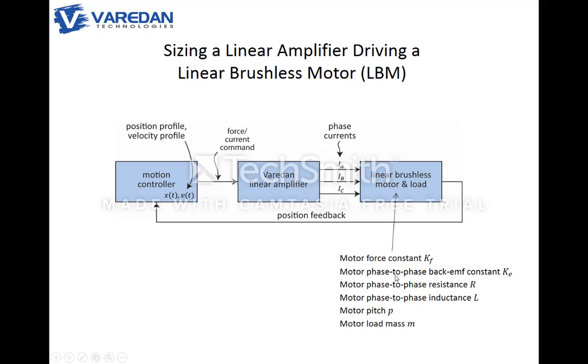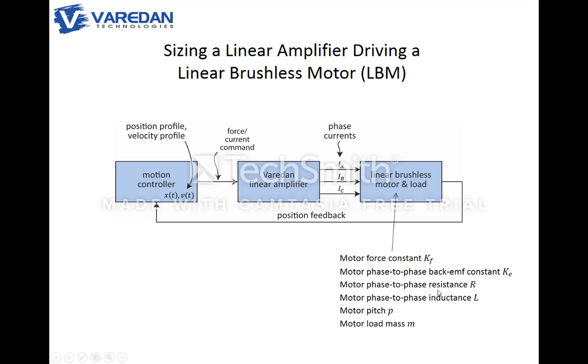For the motor, we need to know the motor force constant, K sub F. This is the force produced at constant velocity when each of the phases is driven with a 1 amp RMS current. The motor phase-to-phase back EMF constant is also needed, and that's K sub E, and that is the peak phase-to-phase voltage when the motor is moving at 1 meter per second.